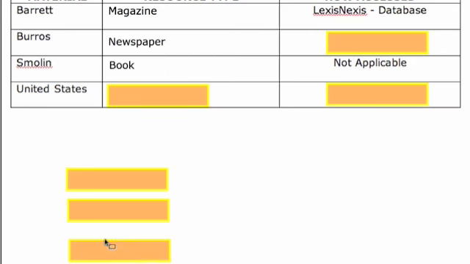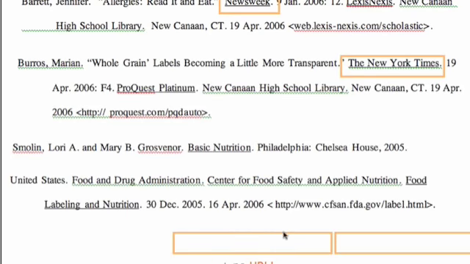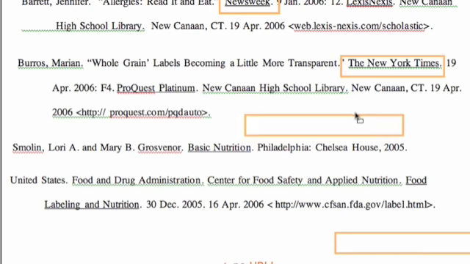Smolin, how is it a book, and how do we know that? We're going to take this and we're going to drag it up to the publishing information. That would not be there if it wasn't indicated in the citation that it was a publisher. Plus, there's no URL.